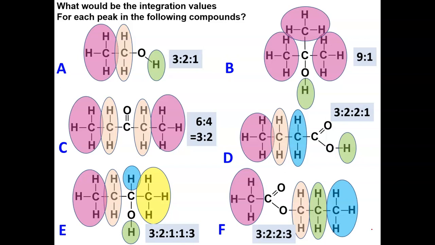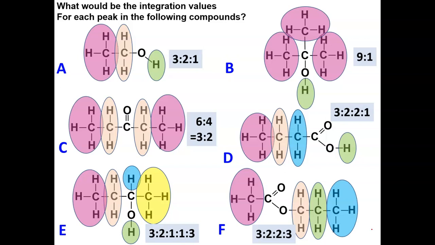Molecule D, again, 3 methyl, 2 methylene adjacent to carbonyl, and the carboxylic acid H is, of course, 1. Molecule E, a little more complicated, 3 methyl H's, a methylene 2 H's, a solitary H on our chiral carbon, a solitary alcohol H, and of course a methyl group, again 3 H's.